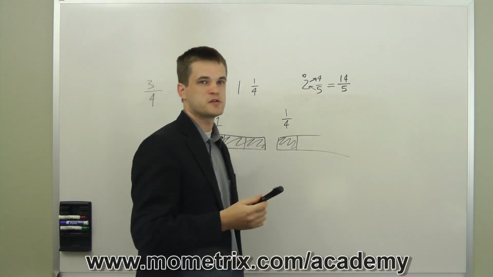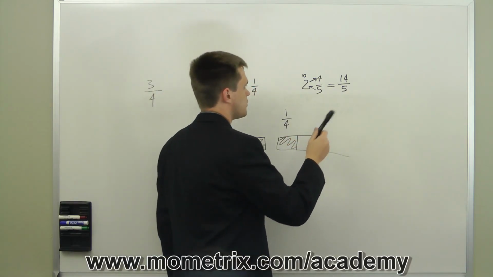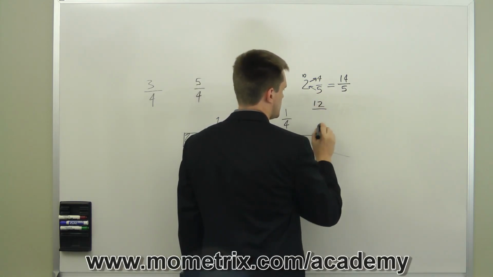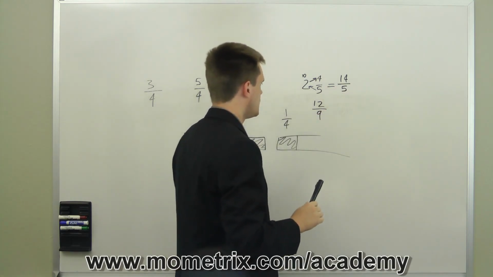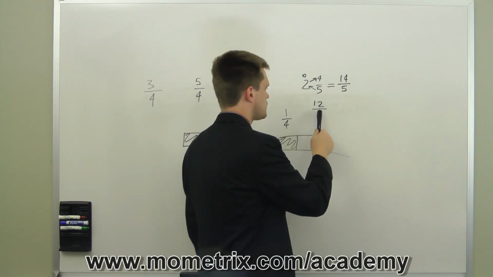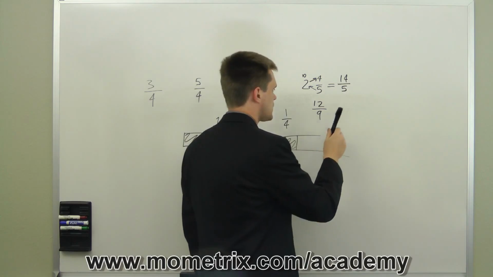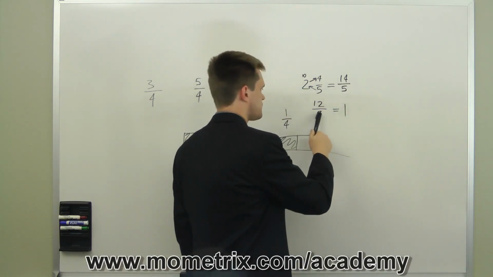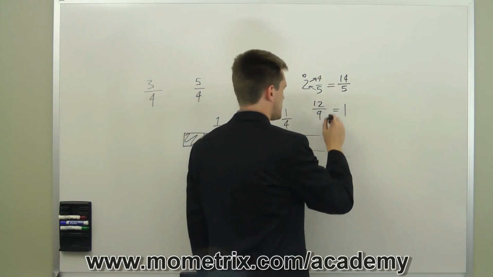If we want to go in reverse, we just have to do this process backwards a little bit. So let's say we have 12/9. What we've got to do is divide 12 by 9. 9 only goes into 12 one time, so we take out 1 as the whole number, subtract 9 from 12, and we're left with 3.